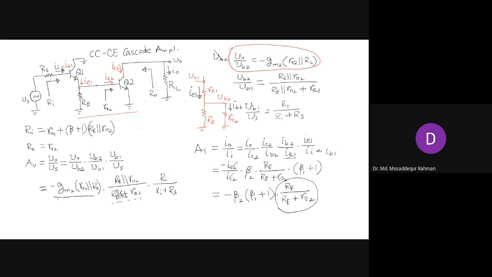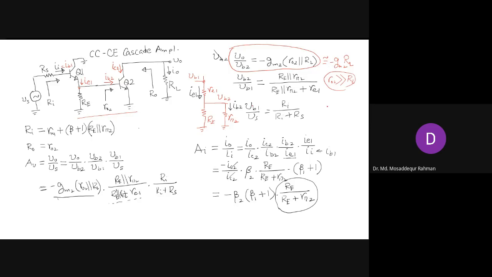Usually RO2 is high, in the range of 100 kilo ohm, and RL is a few kilo ohm, so RO2 is much larger. So we can approximate this to be just minus gm RL.